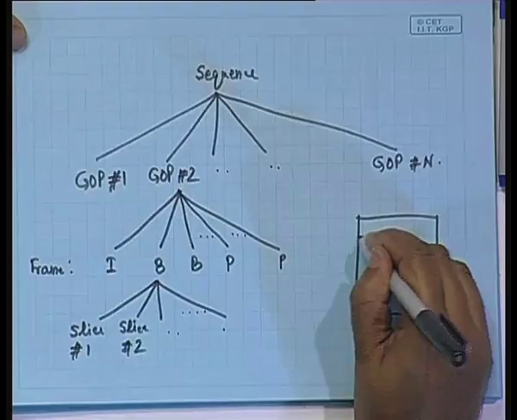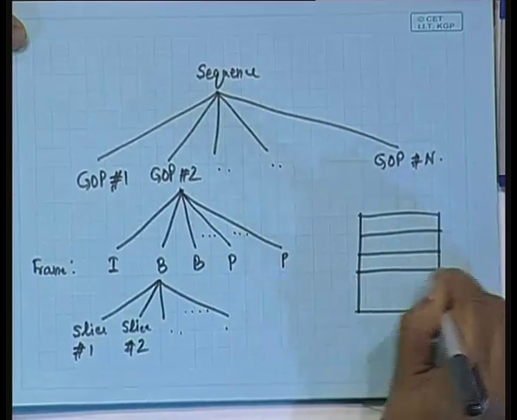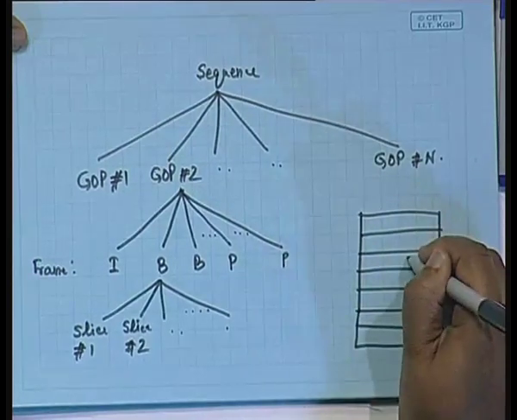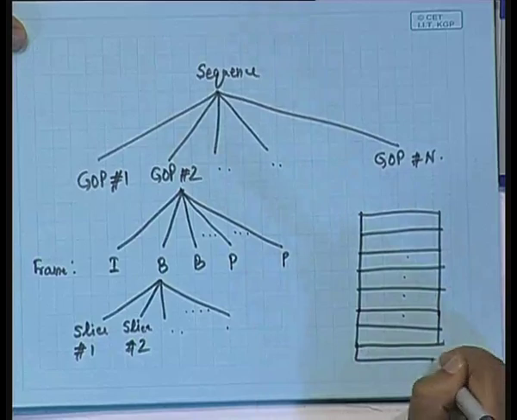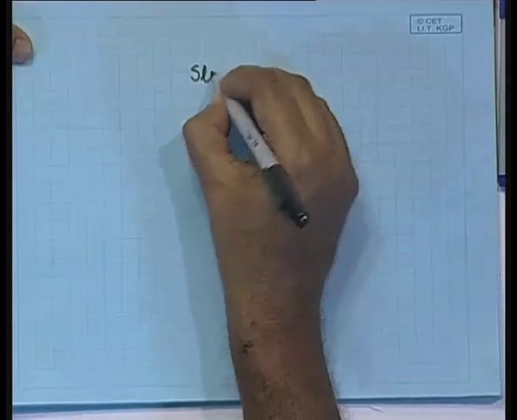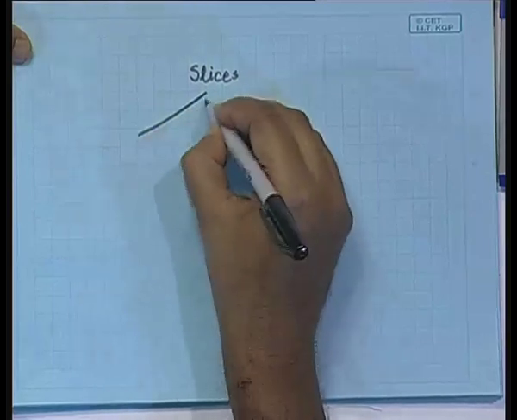For example, if this is the frame, one can divide it into, say, 8 slices. Slices are sub-parts of frames for which a specific data structure is defined. The slices are composed of macro blocks.